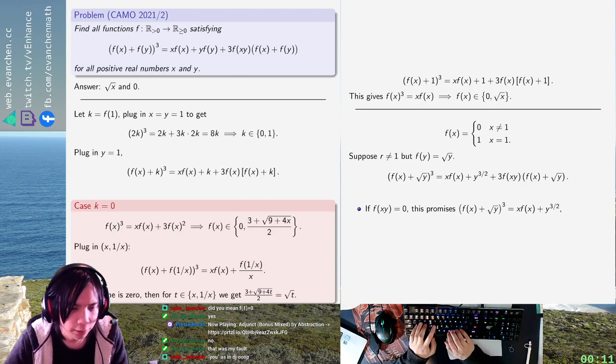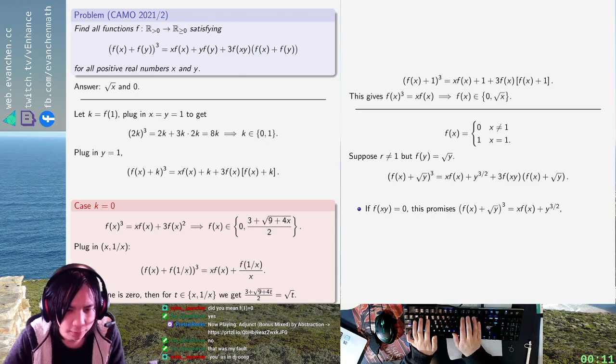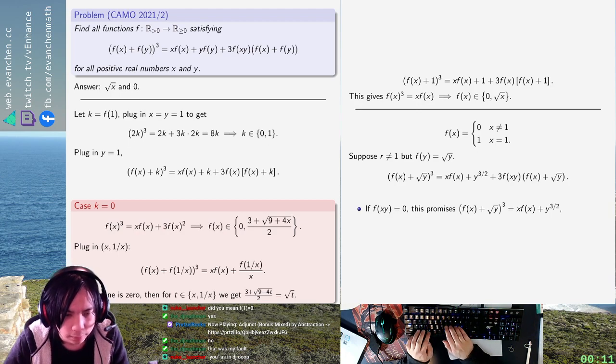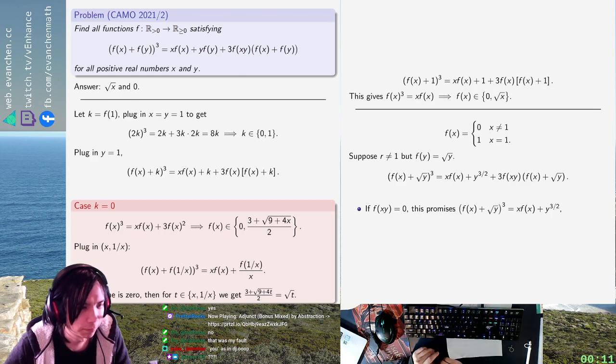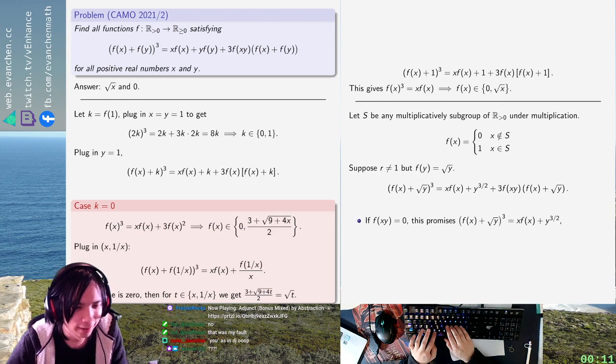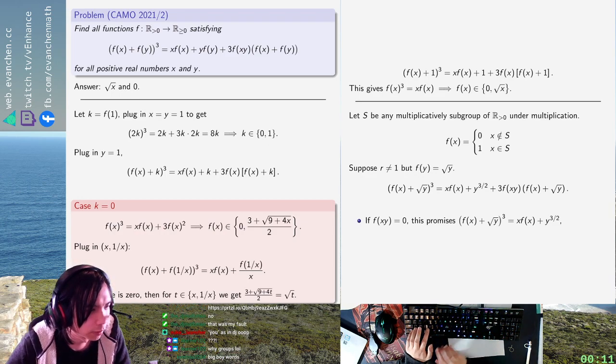Let's let S be any multiplicative subgroup of R plus under multiplication. Does that work? Or just let S be closed under multiplication.